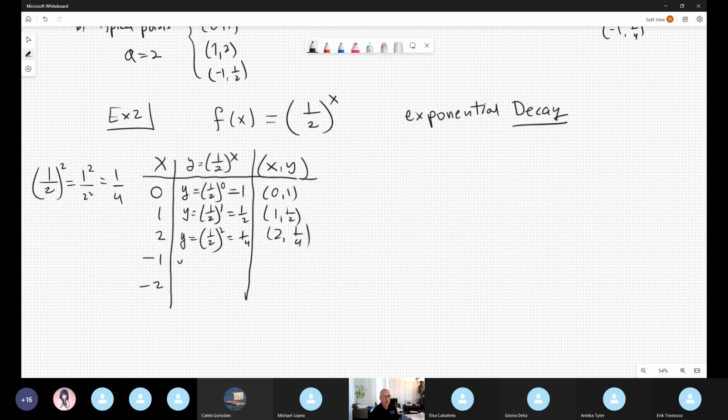And -1 is complicated because a negative exponent is a reciprocal. Suppose -1, you have 1/2 raised to the -1. You flip it. It's 2 over 1 raised to the 1 power. It's just 2. So it's -1, 2, which is the reciprocal of 1/2.